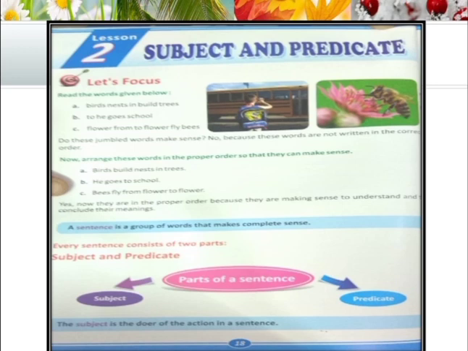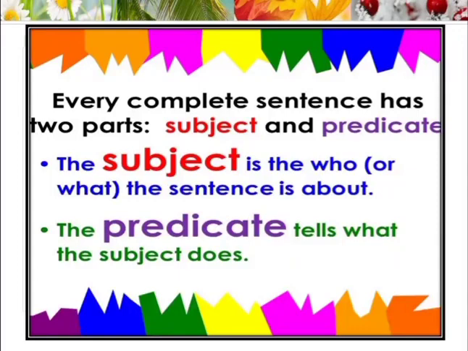And to give a meaning, there are two main parts of a sentence. Every sentence consists of two parts, subject and predicate. That means every complete sentence has two parts, subject and predicate.